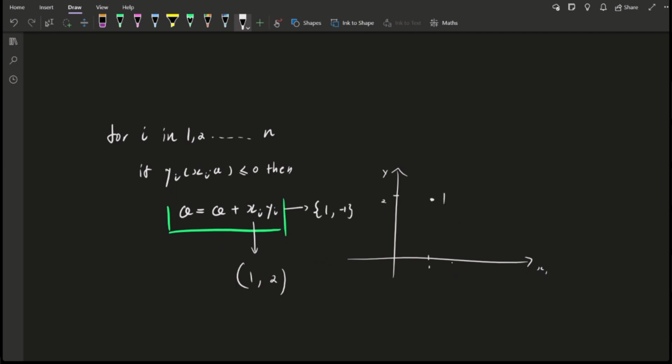Let's say this is a positive class, so it has the value of +1. Then you would just multiply these two together and add it on to the old weights to give you new weights. Okay, so far okay, right? You understand what xi and yi are, right? Yi is the class, xi is the data point, the location of the data point.